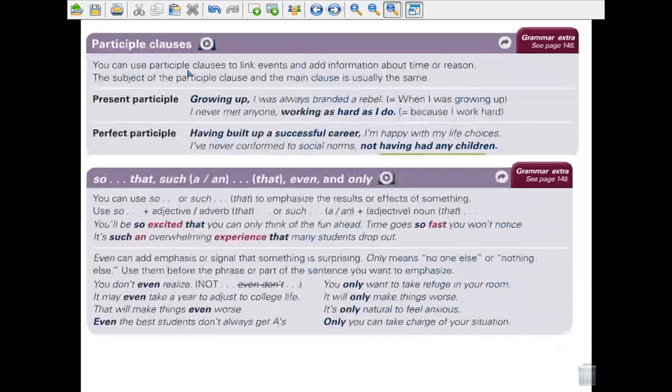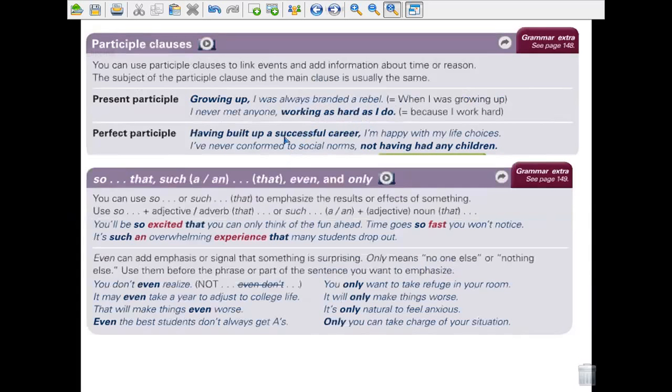Participle clauses. You can use participle clauses to link events and add information about time or reason. The subject of the participle clause and the main clause is usually the same. Growing up, I was always branded a rebel. Like when I was growing up, I was always branded a rebel.